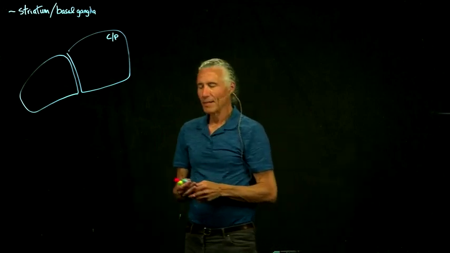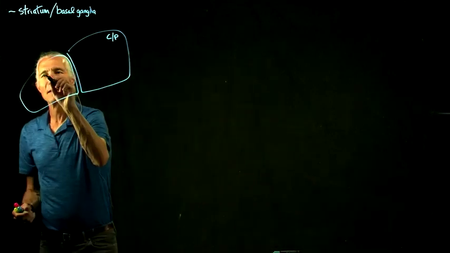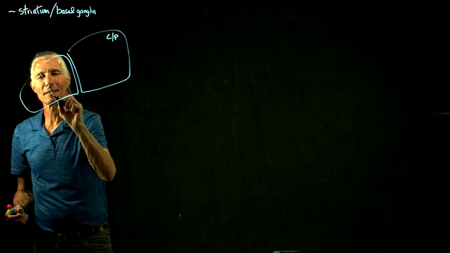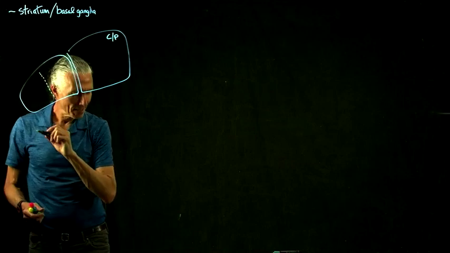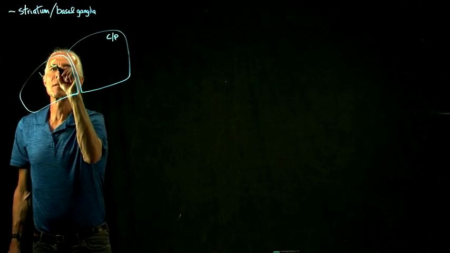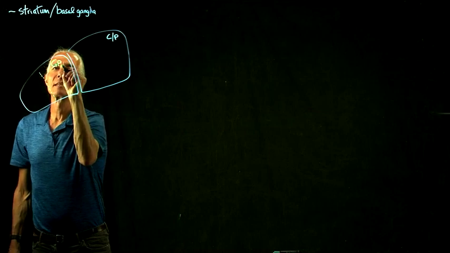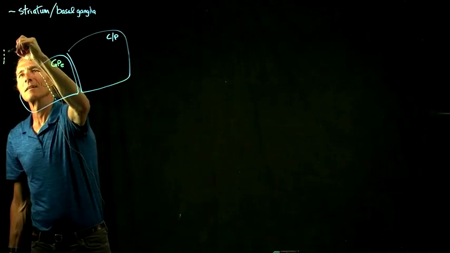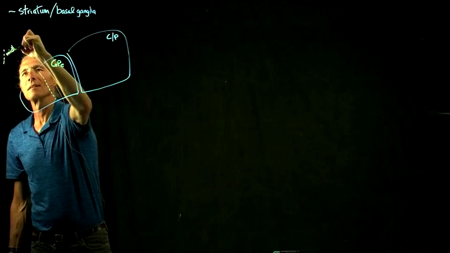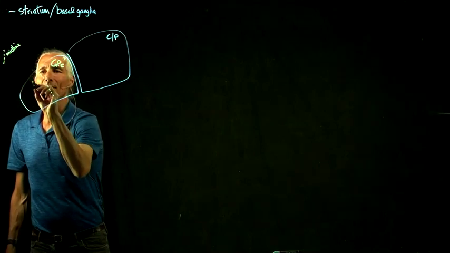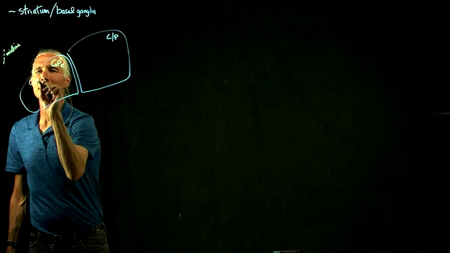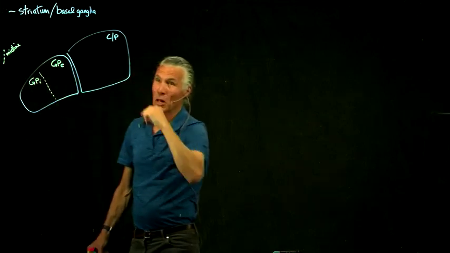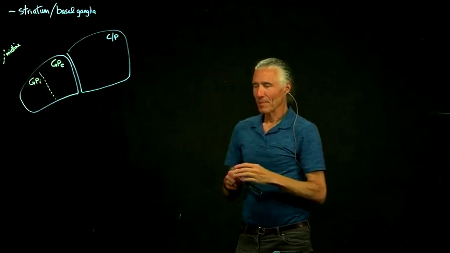Well, the first thing is there are 2 parts of the globus pallidus, completely different from each other. This one's called the globus pallidus external, because this is the midline over here. And this one's called the globus pallidus internal. But it's even more than that.